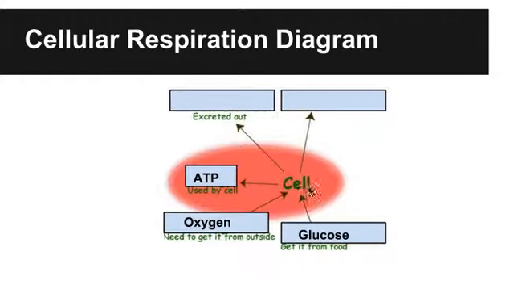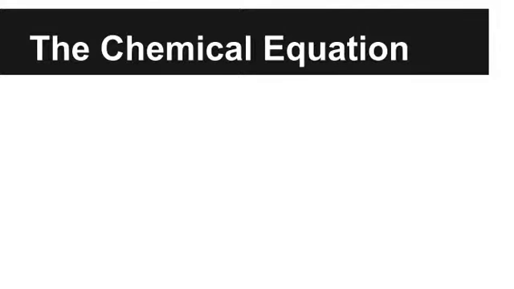The cell then converts glucose and oxygen into ATP, and it uses that ATP to carry out processes. During cellular respiration, after it's converted its ATP, it excretes out water, meaning it releases water, and it releases carbon dioxide. So food and oxygen go in, we make ATP, and we release water and carbon dioxide.